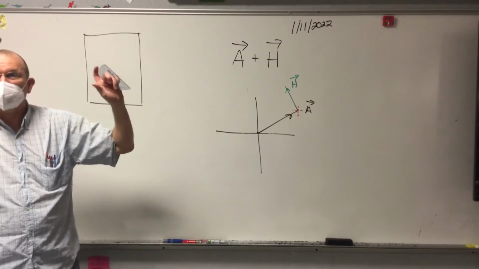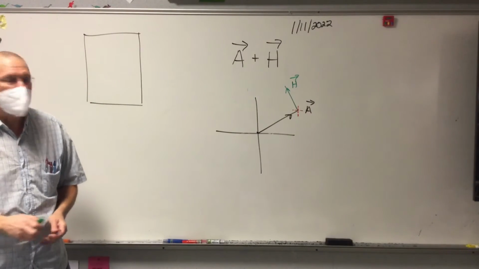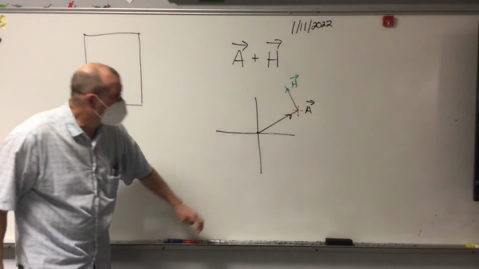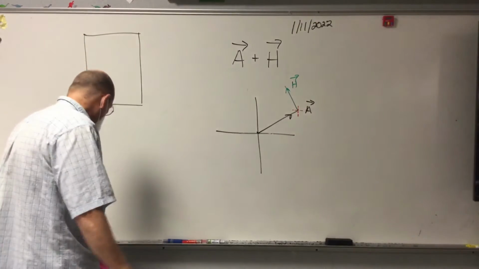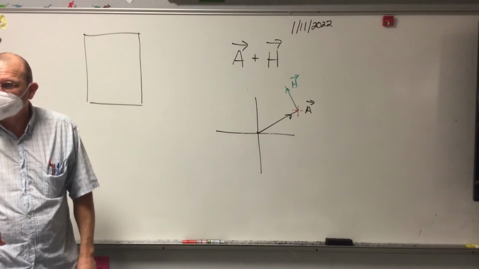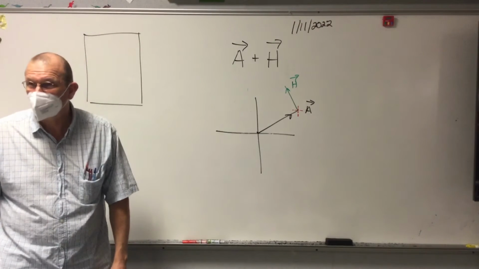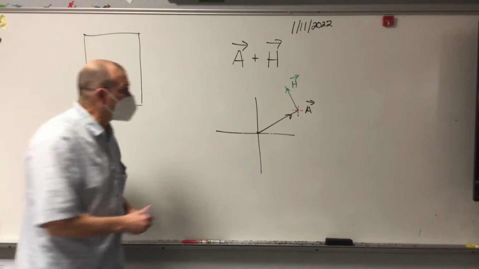You've created your vector chain, but your chain is only 2 vectors long. And once you have completed connecting all of the vectors, you need to create your answer vector, which for those people who were here yesterday, what do we call it? Resultant. The resultant. It is always the same letter.